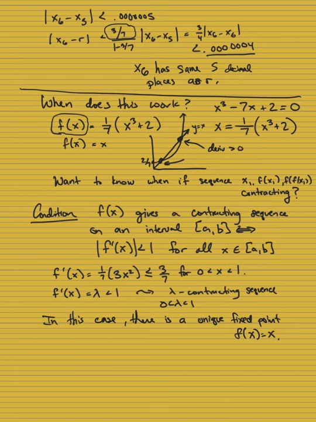So this other intersection point is greater than 1, and you don't notice it if you stay in the interval 0, 1. So there's a unique fixed point, and if I take some x1 in this interval and look at x1, f of x1, f of x2, this converges to this x, and very quickly, exponentially quickly.